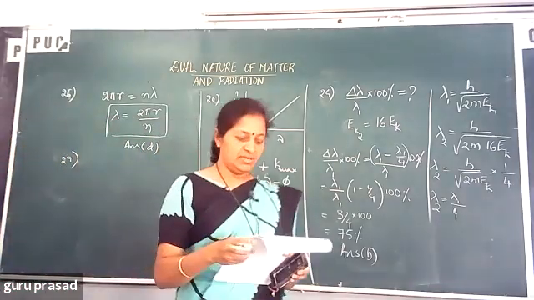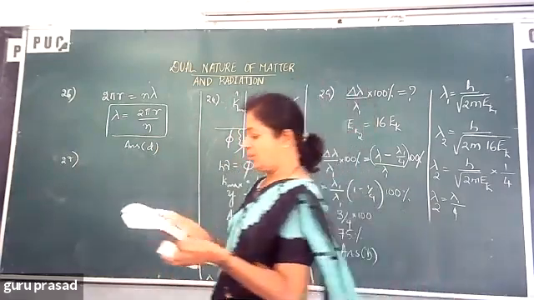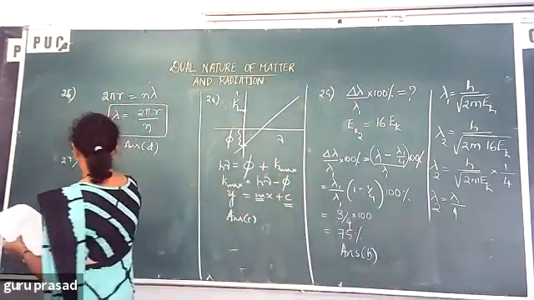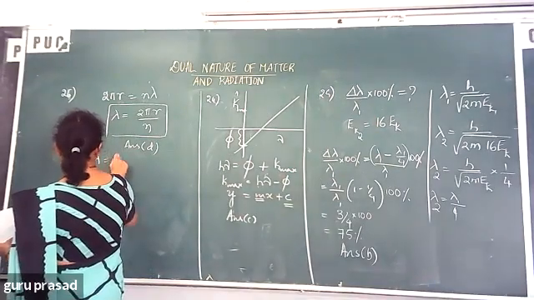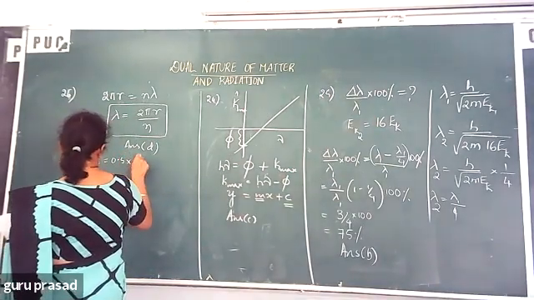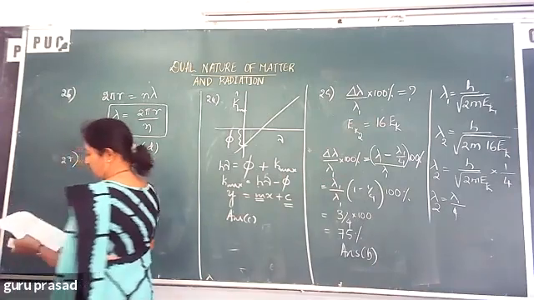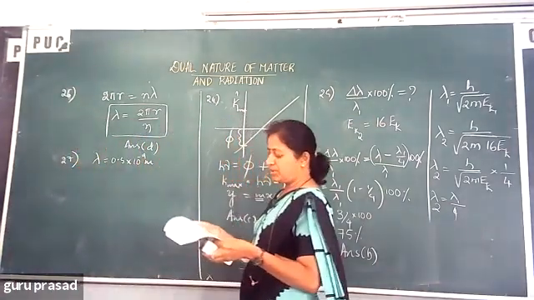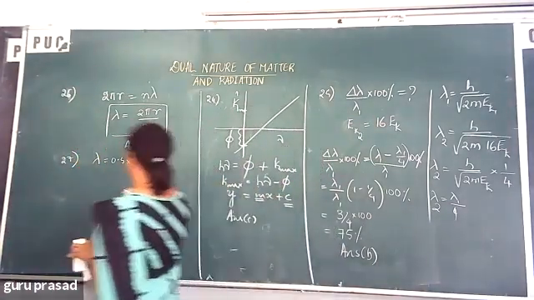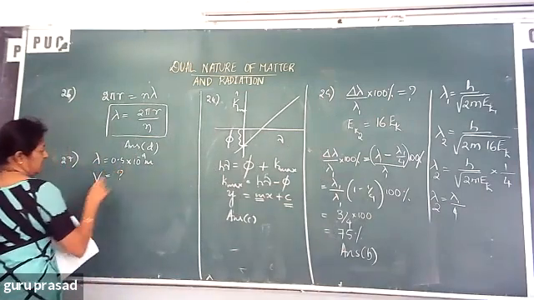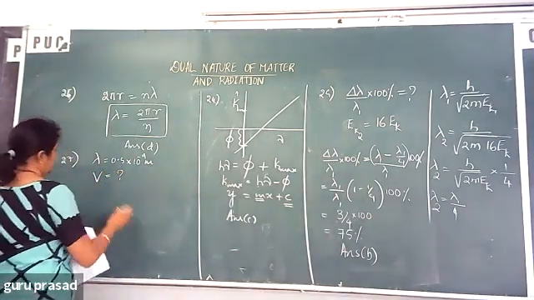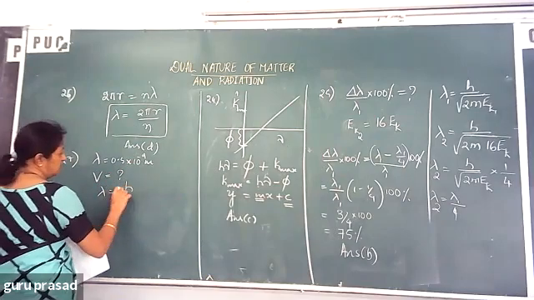Next, 27th: the de Broglie wavelength of an electron is 0.5 nanometer, that is 0.5 into 10 power minus 9 meter. Then what is the retarding potential V needed to stop it? We know lambda is h by one more equation.